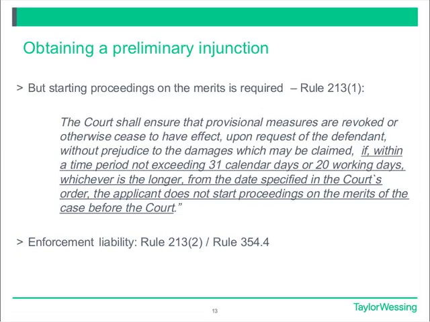So if you are enforcing a preliminary injunction and you do not want to have it revoked for formal reasons, you have to start proceedings on the merits within 31 calendar days or respectively 20 working days. If you do not do that, the defendant can request with the court that the preliminary injunction is revoked or ceases to have effect. Of course, if you enforce, you're liable for any damages that the defendant may suffer. This is governed by Rule 213.2 and then Rule 354, Paragraph 4.